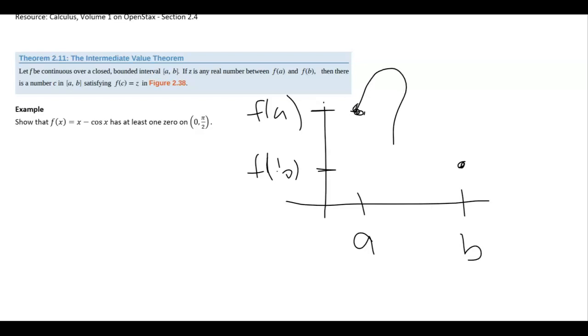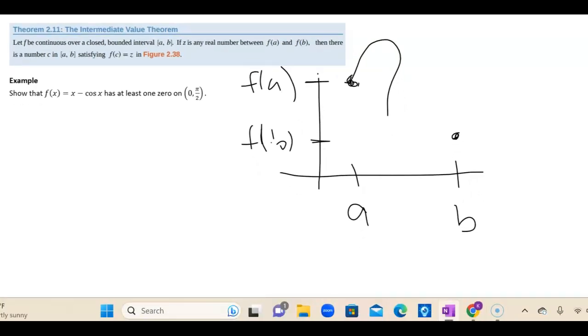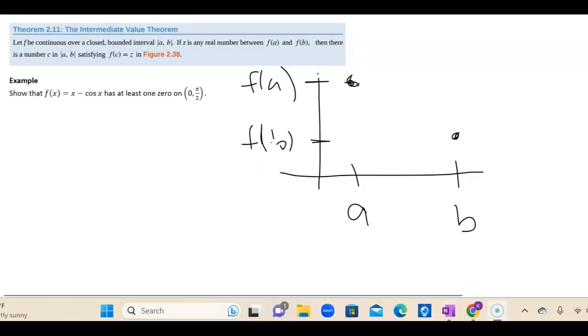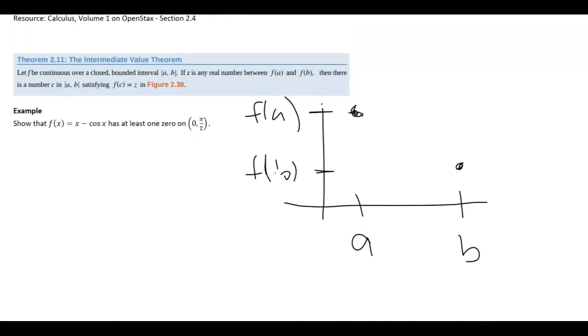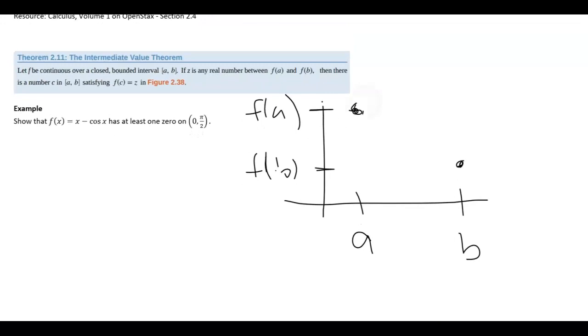Oh, that's not a function. All right, I have some continuous function, let's say, that does this. Okay, and I'm purposely having a little bit of a squiggly outside of my bounds.